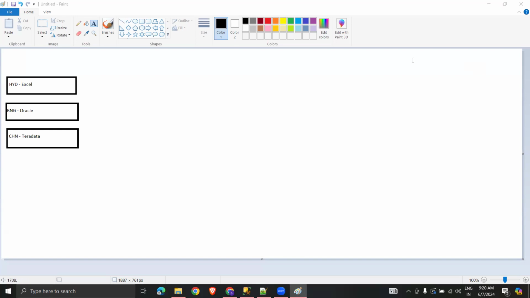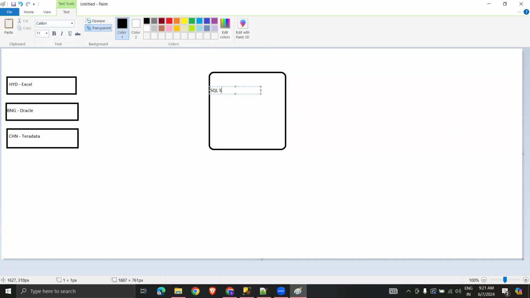Right. Now, sir, I need a single report. But how many reports did we get? We received three different reports from three different systems. So if you want a single report, you need to combine these three different systems into one system. That is our database, configured with SQL Server.